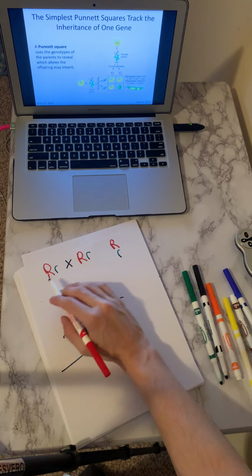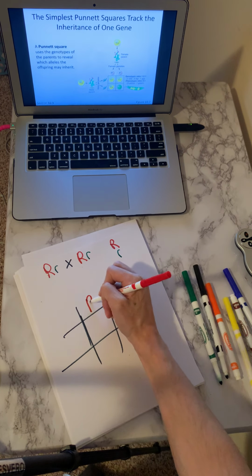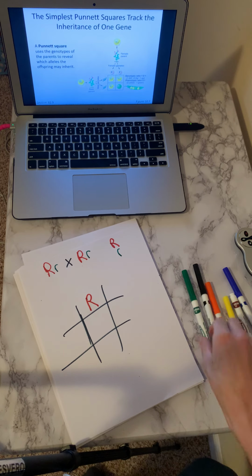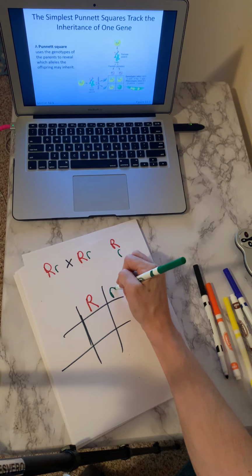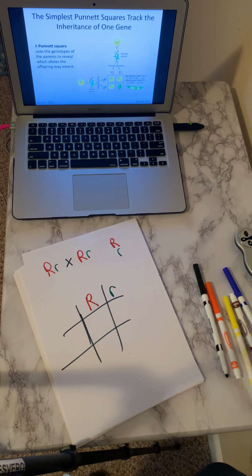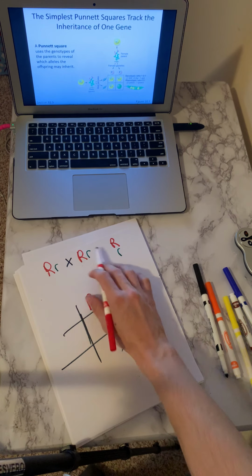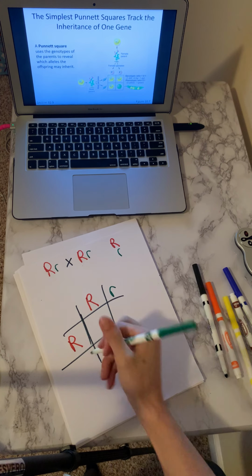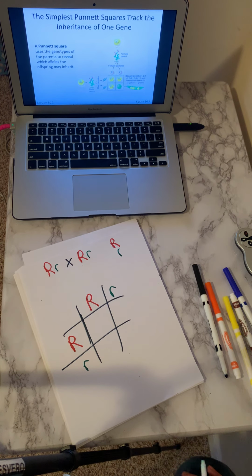So let's split this up. One of the sperm cells has a possibility to contain a big R, and one of them can contain a little r. The other organism can donate an egg cell that contains either one big R or one little r, and that's how their egg cell works.